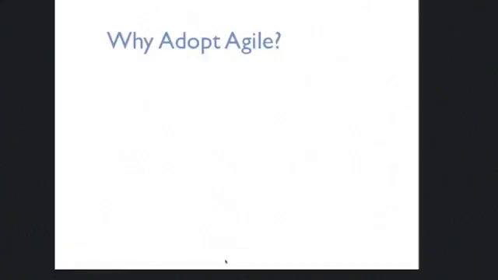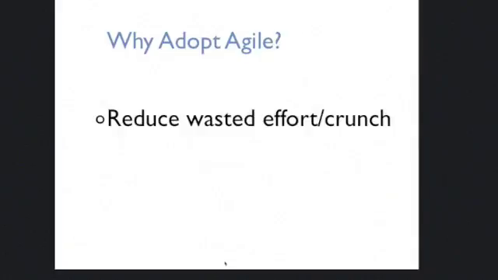So the question is, why adopt Agile? Why are we changing methodologies? There's really two reasons for it. The first is that we want to reduce wasted effort. We want to reduce crunch. We want to not postpone all the knowledge of what's fun to post alpha and go crazy at the end. We don't want to discover at the end of production that, hey, what we thought was going to take 6 months is going to take a year.